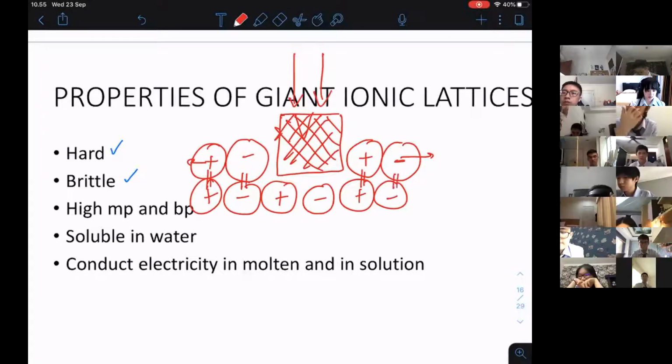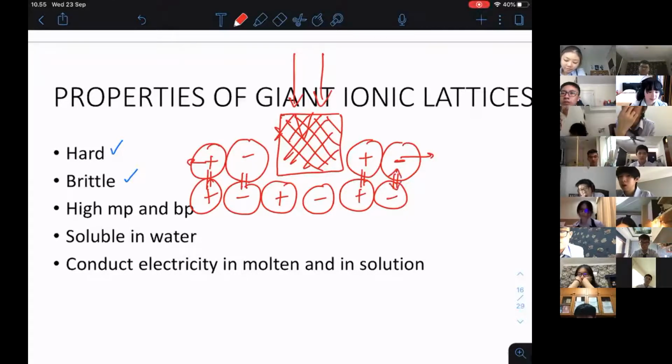You can see same charges, and what will they do? They will repel. The new arrangement won't be able to form electrostatic forces of attraction, so they will push each other.